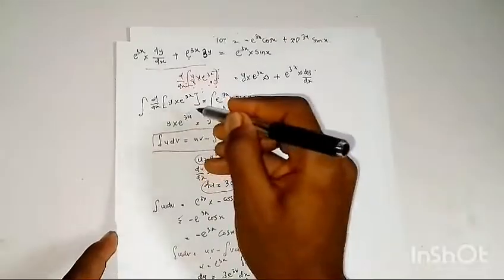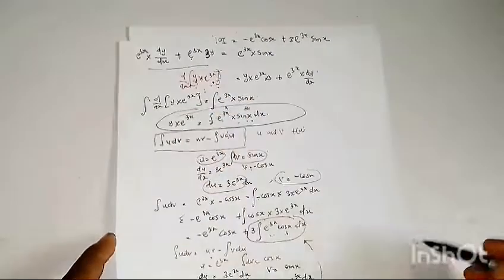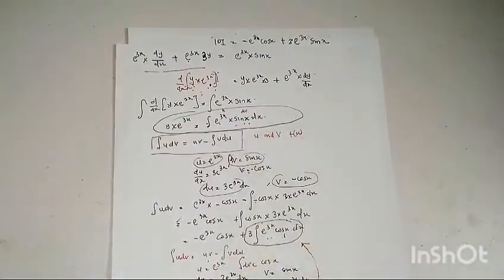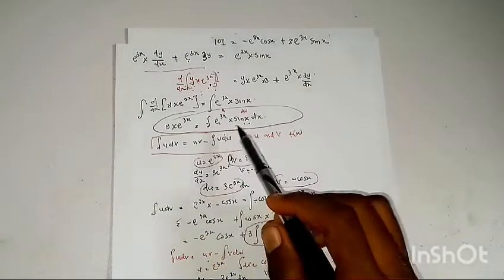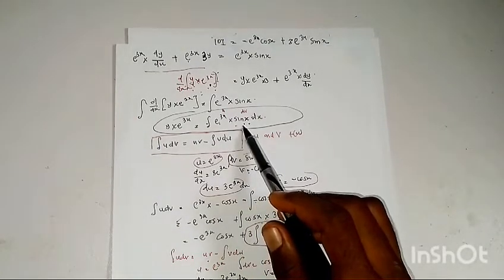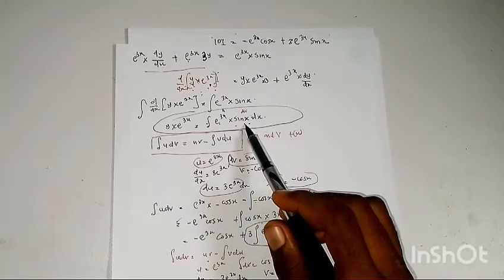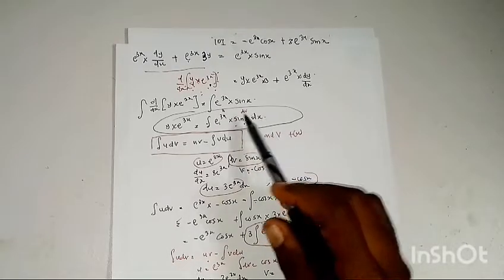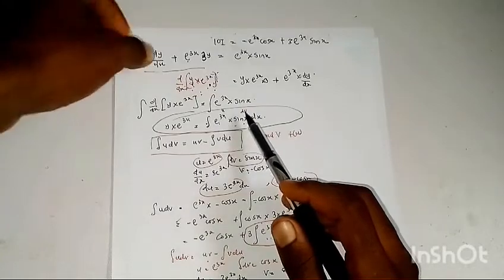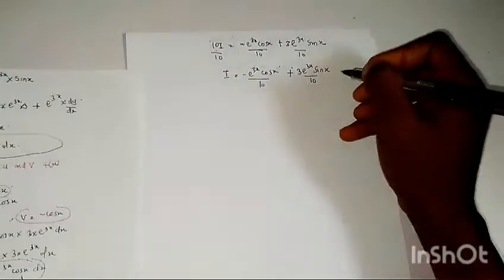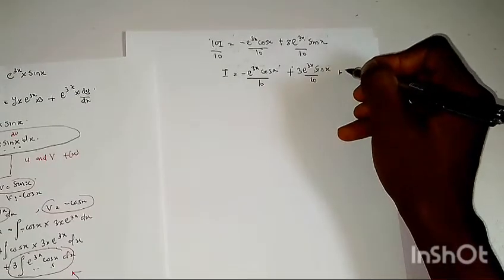Remember, we are solving an equation with respect to my dependent and my independent variable. So all we have been doing is to integrate the right hand side. Since we have successfully integrated it, we bring it to the equation. Remember, don't forget your constant c.